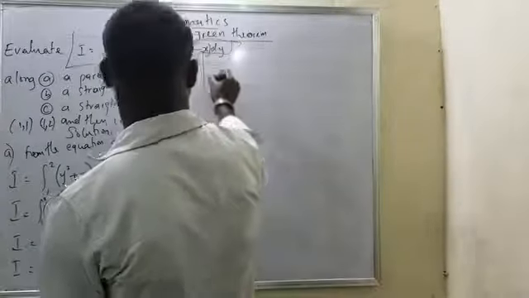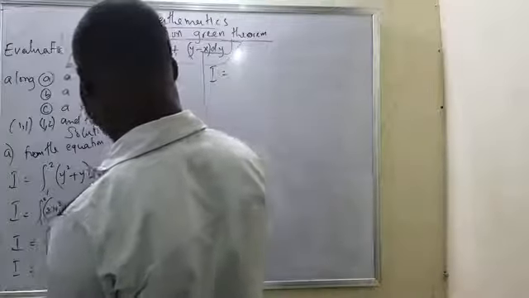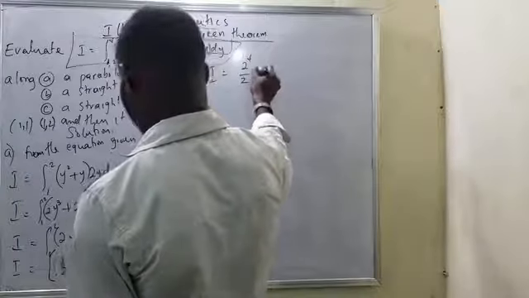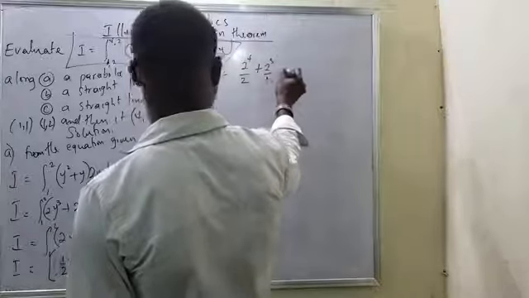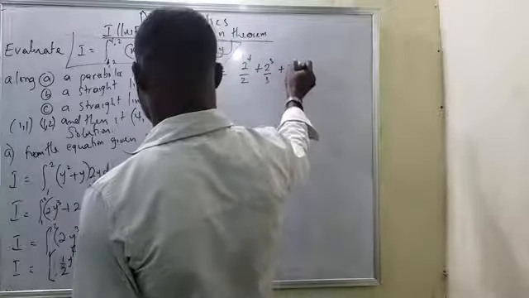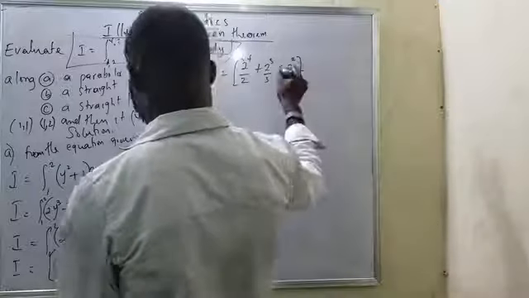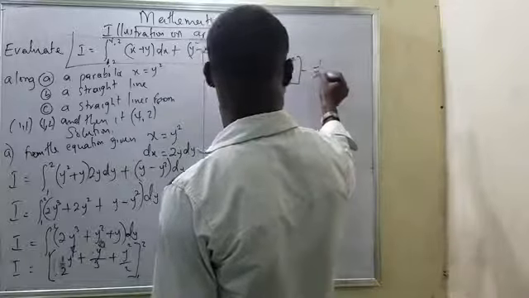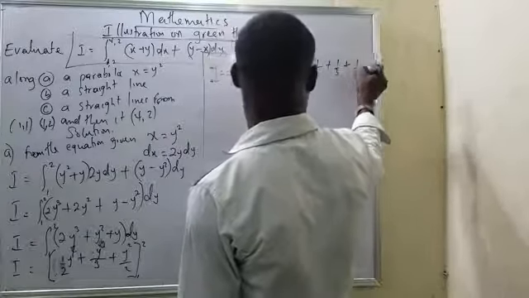Now, I'll be having my I equal to 2 raised to power 4 over 2, plus 2 raised to power 3 over 3, plus 2 raised to power 2 over 2, minus 1 over 2 plus 1 over 3 plus 1 over 2.